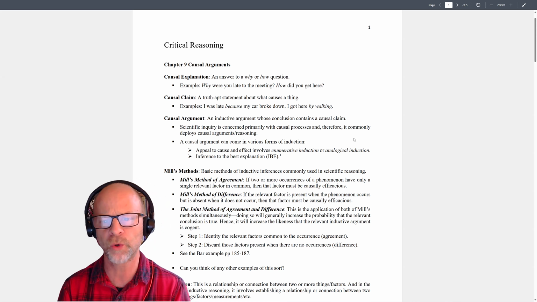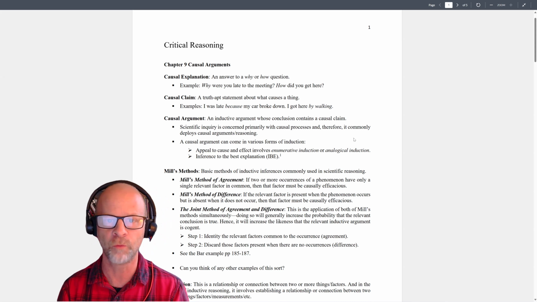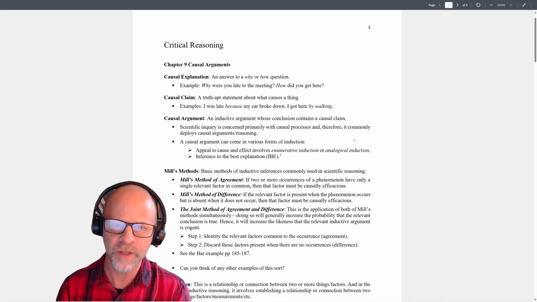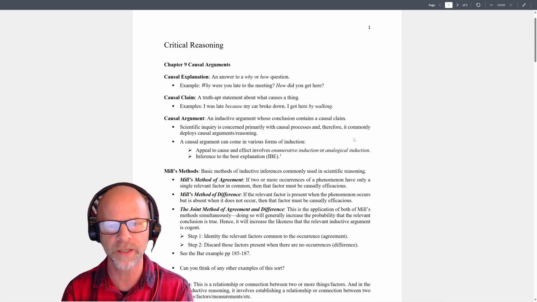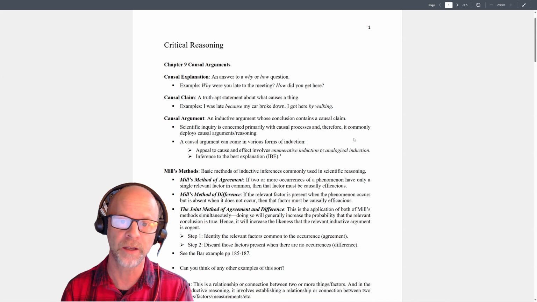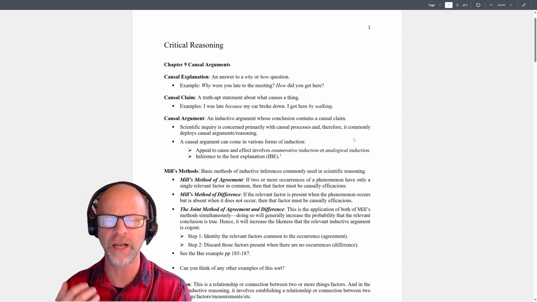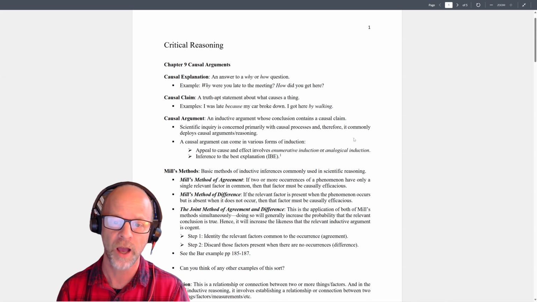And oftentimes, these causal arguments are very, very helpful and influential in scientific inquiry, reasoning scientifically speaking. And this is going to be really important for us when we turn our attention in a couple of weeks and in future modules to a discussion of scientific reasoning more generally, and the scientific method itself, because we have a number of different kinds of explanations and inferences to different explanations that will be important when we get into that material.